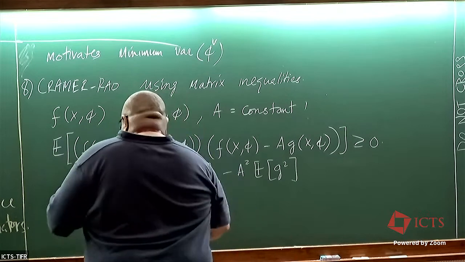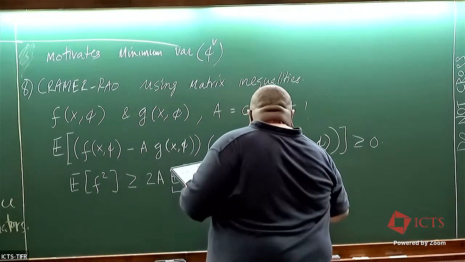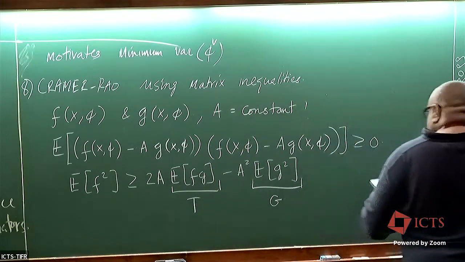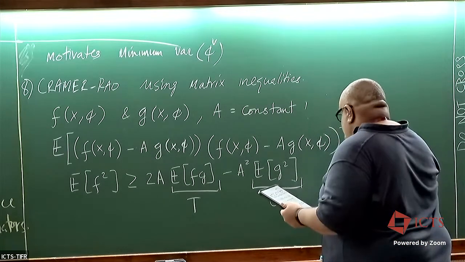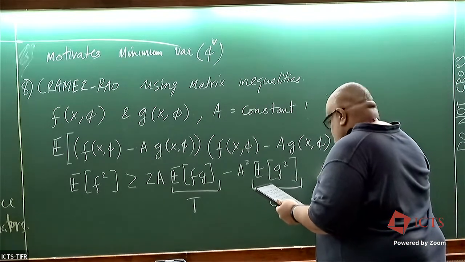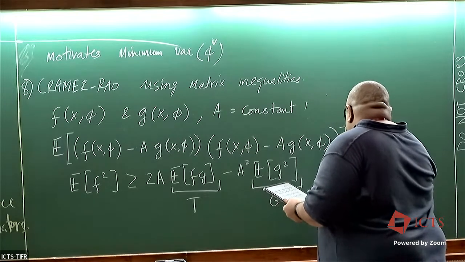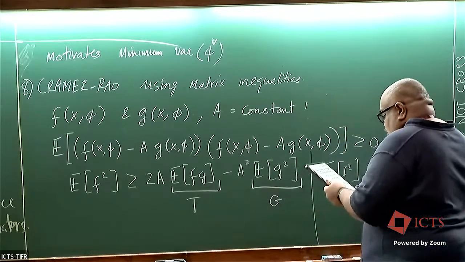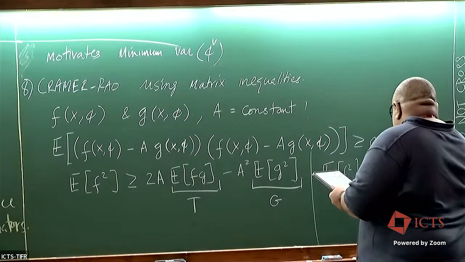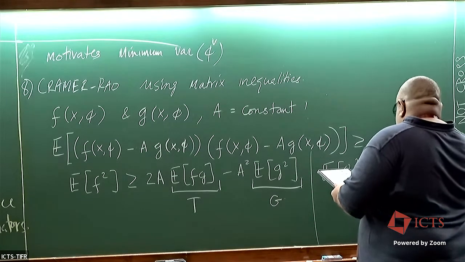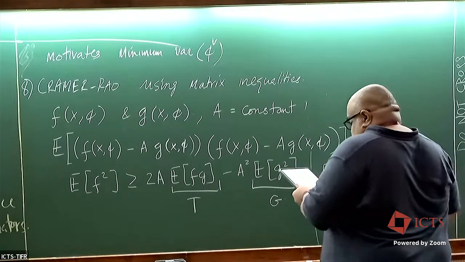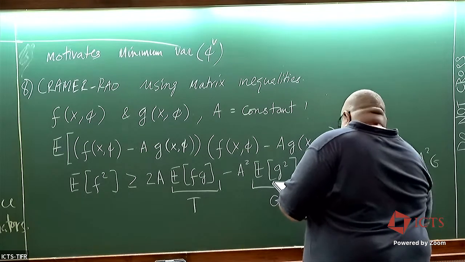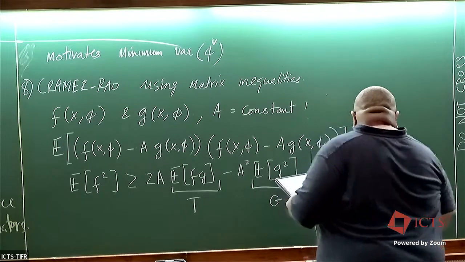Let me call this object capital T, and let me call this object capital G. What this basically means now is the expected value of f squared is greater than or equal to 2a t squared minus a squared g. I'm just copying from what I have. And now I choose a to be t times g inverse.